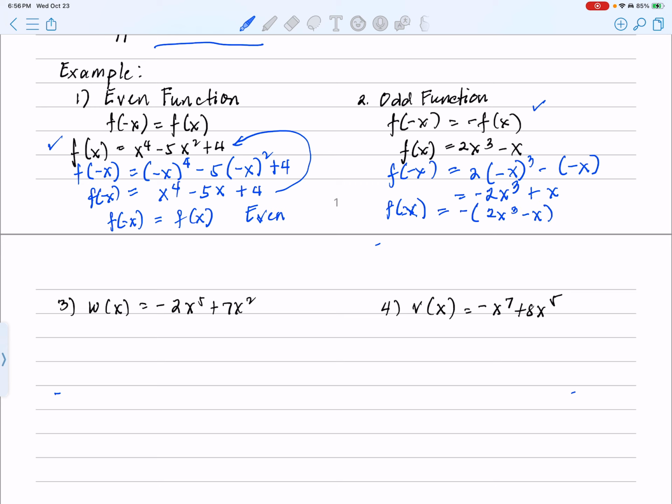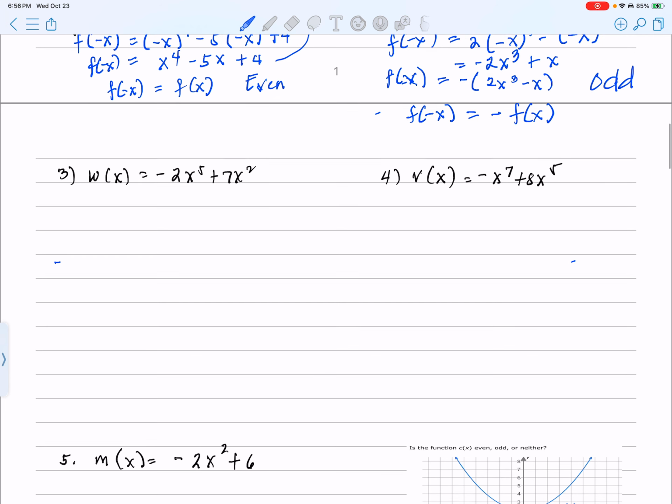So that means a negative of the given function, right? So in other words, we could say that the function of negative x is equal to the negative of the function of x. That's why this is an odd function. All right?